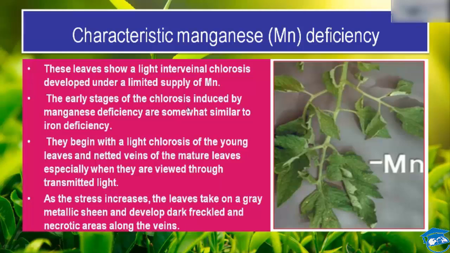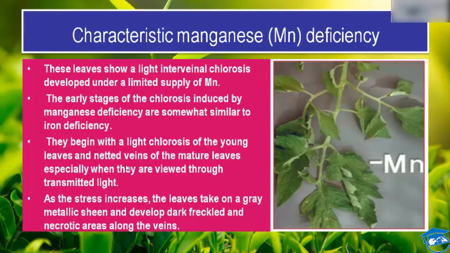The early stages of the chlorosis induced by manganese deficiency are somewhat similar to iron deficiency. They begin with the light chlorosis of the young leaf and netted veins. Netted veins means meshed veins of the mature leaf, especially when they are viewed through transmitted light.